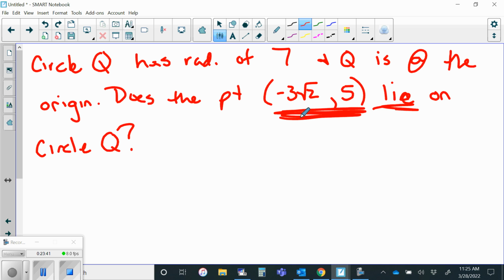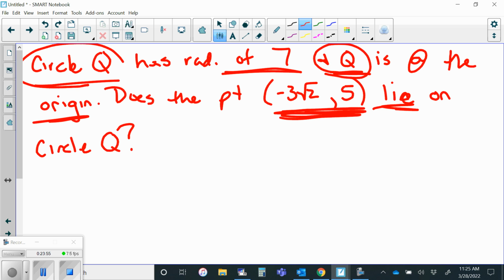All right, circle Q has a radius of 7, I know where that's going to go, but that's not till the end. What does it mean to say that Q is at the origin? Well, first, since they named the circle Q, what do I know Q is? The center. And where did they say the center is? The origin, 0, 0. So that means I'm going to do x minus 0 squared, right?